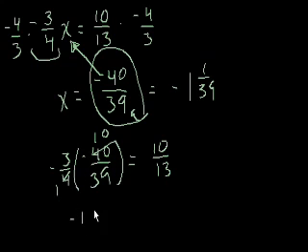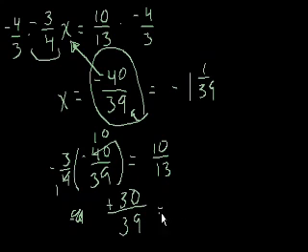So it actually becomes plus 30, because we have a minus times a minus, and 3 times 10, over, the 4 is now 1, so all we have left is 39. And 30 over 39, if we divide the top and the bottom by 3, we get 10 over 13, which is the same thing as what the equation said we would get, so we know that we got the right answer. Let's do one more problem.